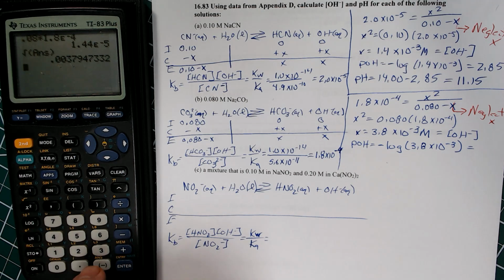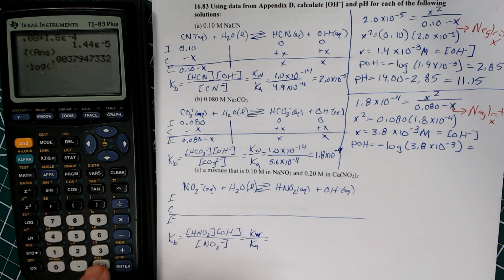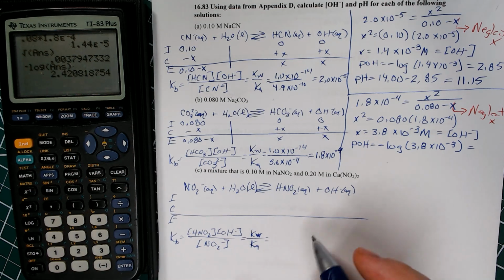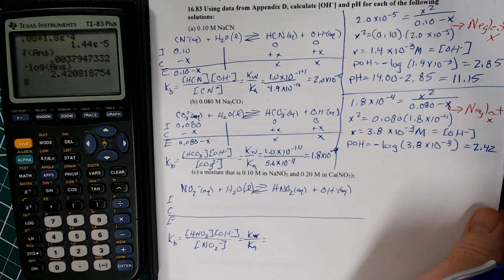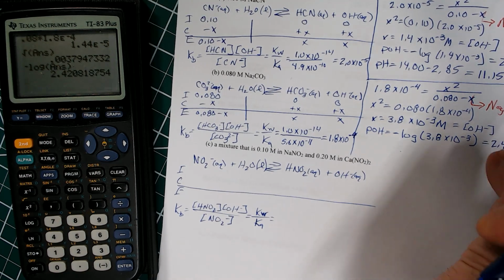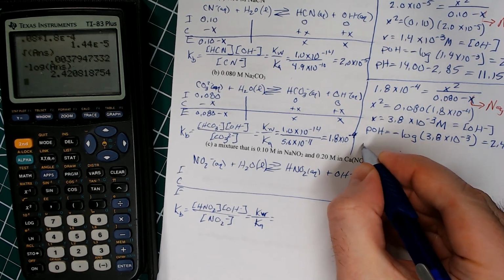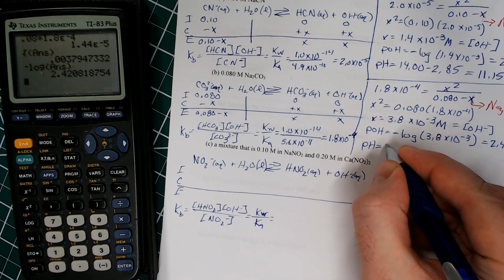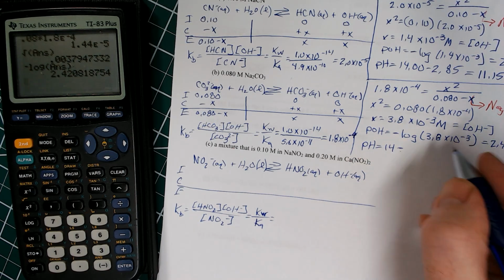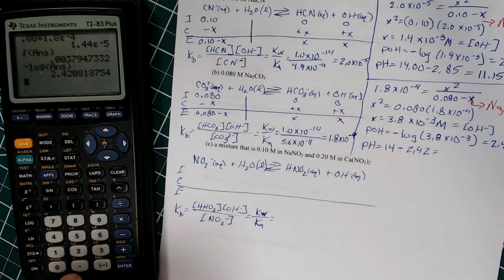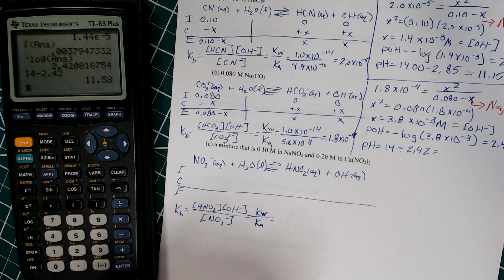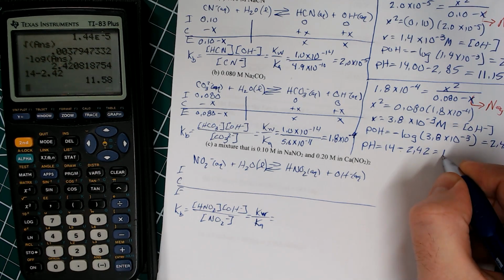We'll just do the negative log of our answer, 2.42. So 2.42. Now we'll subtract that from 14 to get our pH. So 14 minus 2.42, and that gives us 11.58.